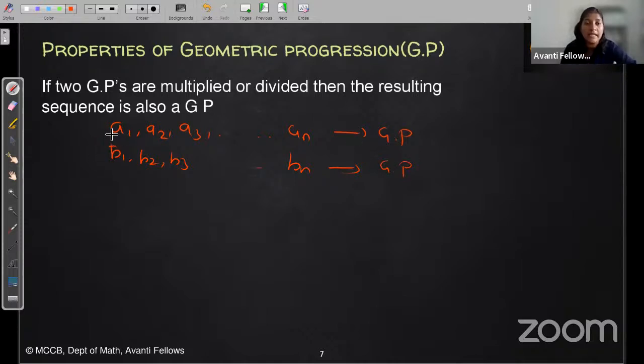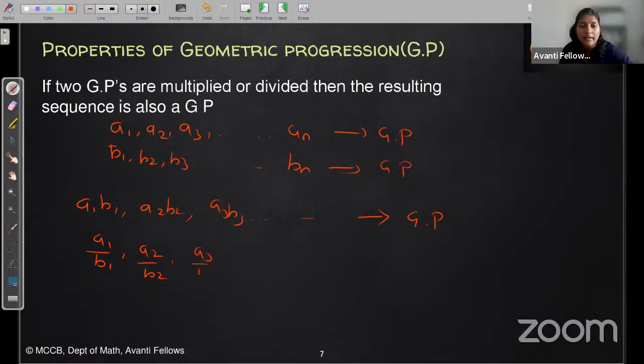Now, if I multiply each term of these GPs respectively, I'll get another sequence, that is A1B1, A2B2, A3B3, so on. So the sequence that I get here will also be a GP. And if I divide these terms, then I will get A1 by B1, A2 by B2, A3 by B3, so on. And this resulting sequence that we get will also be a GP. So this is what the property says.